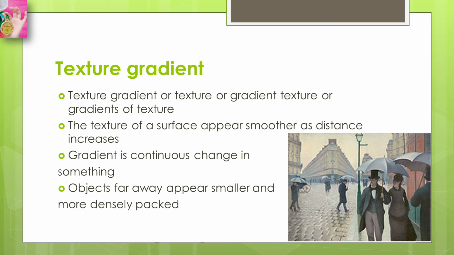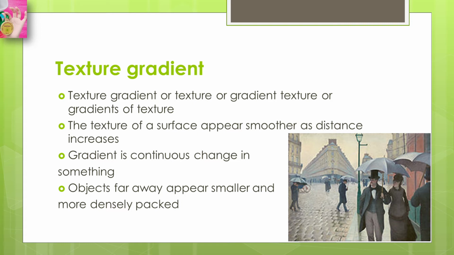of a surface appears smoother as the distance increases, and a gradient is a continuous change in something, a change without abrupt transitions. A gradual change from a coarse or rough texture to a fine, indistinct texture signals increasing distance.